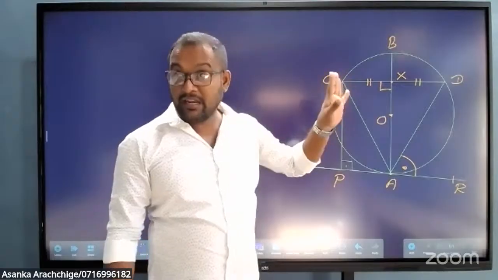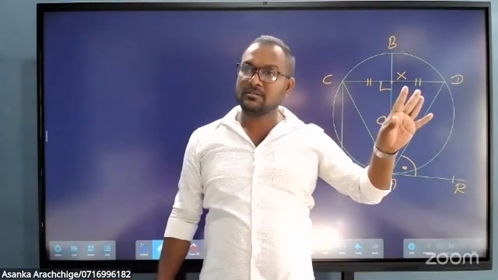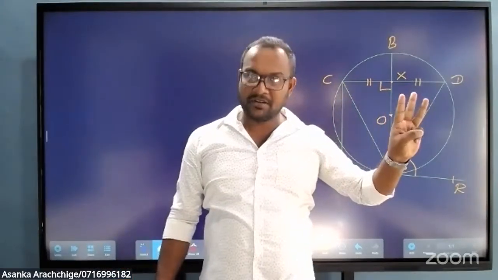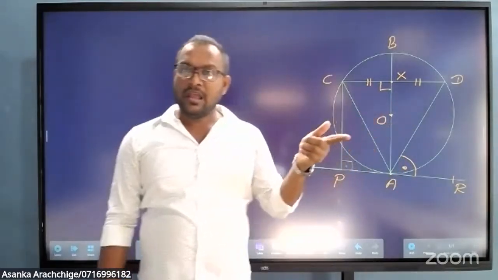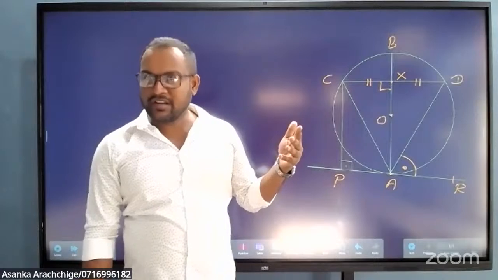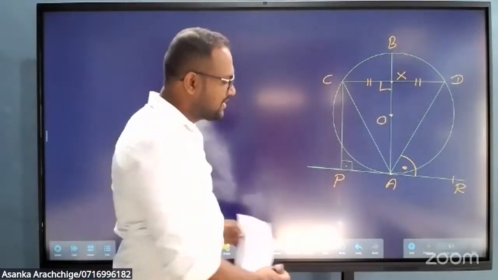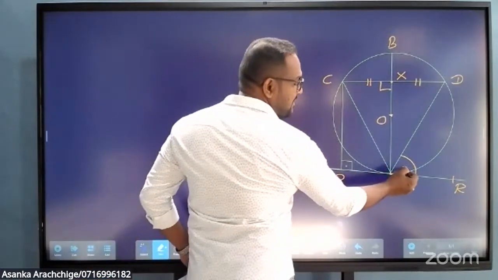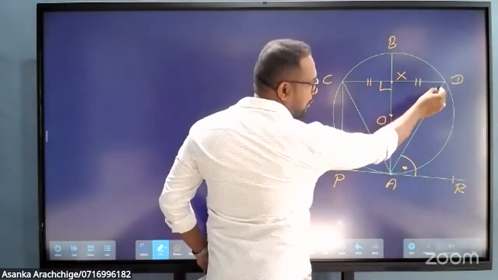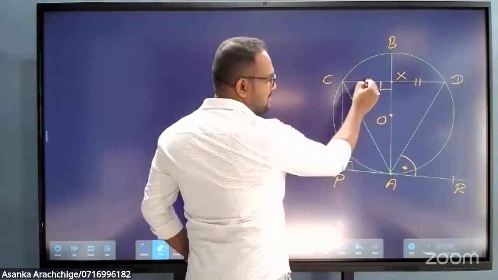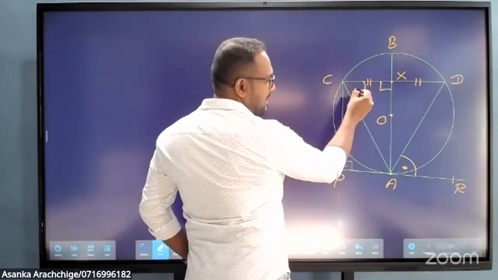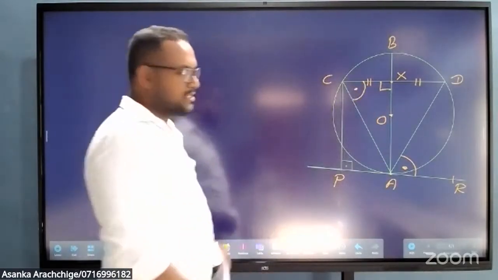Then, in the lesson tangents, you learn basically three theorems. In the last theorem, you learn angles in the alternate segment. Look, the angle between the tangent and this chord AD drawn at the point of contact must be equal to the angle in the alternate segment.